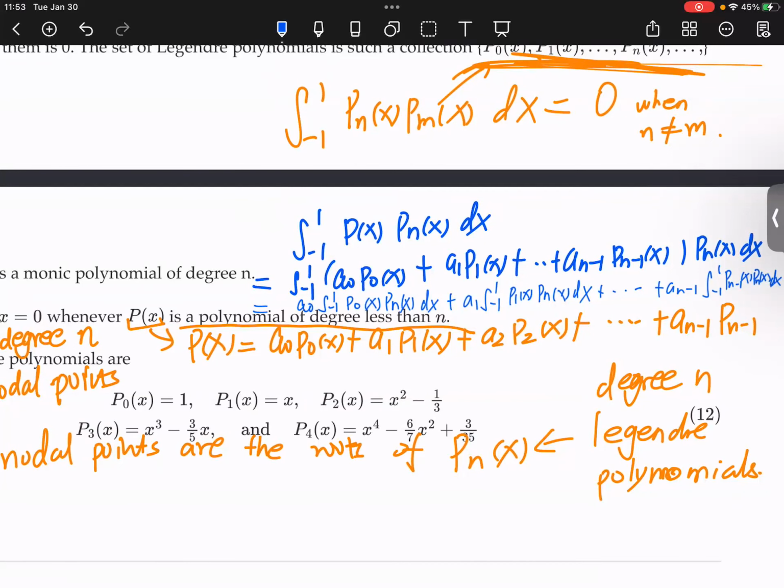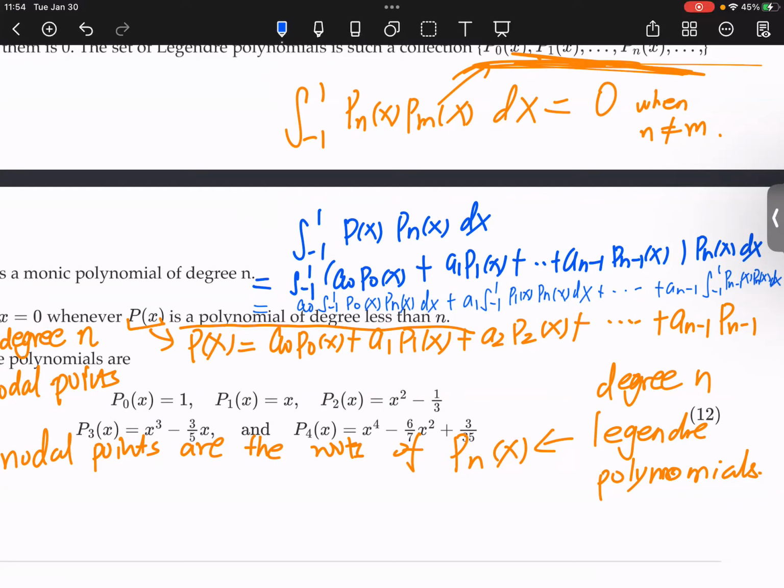And you will find out that for each term here, 0 does not equal n, 1 does not equal n, n-1 does not equal n. And now from the basic property we have for the Legendre polynomials, the inner products equal zero when n does not equal m.